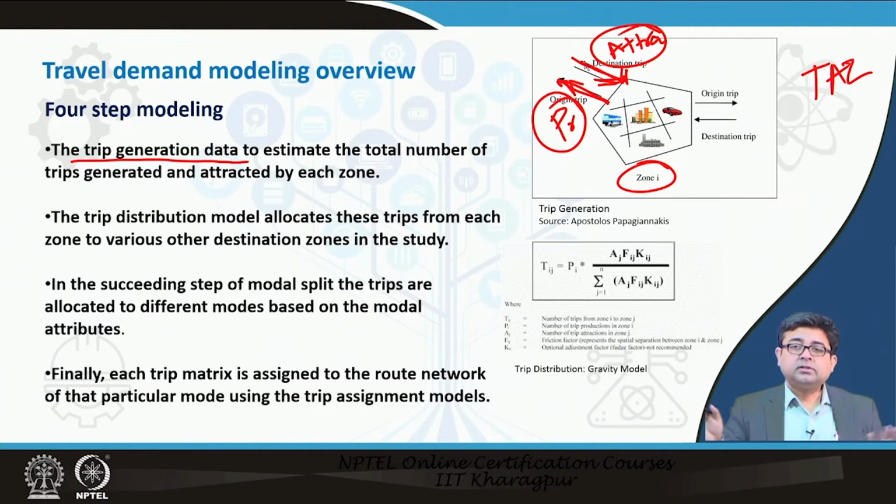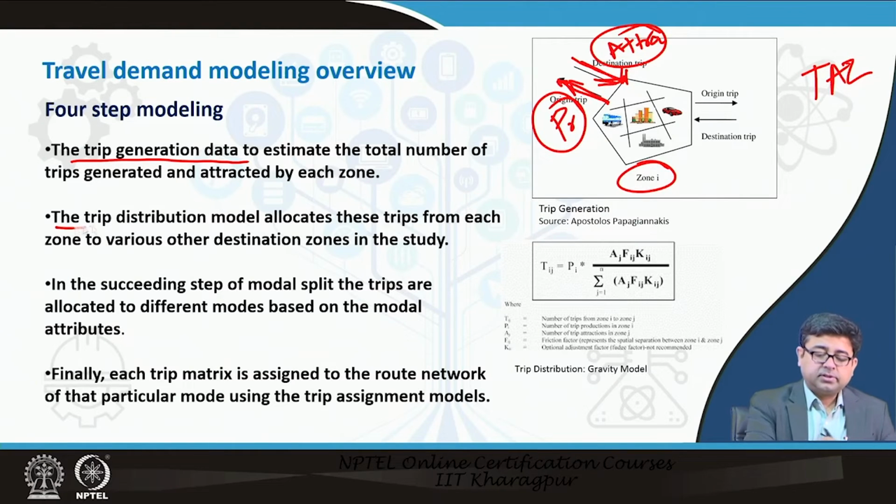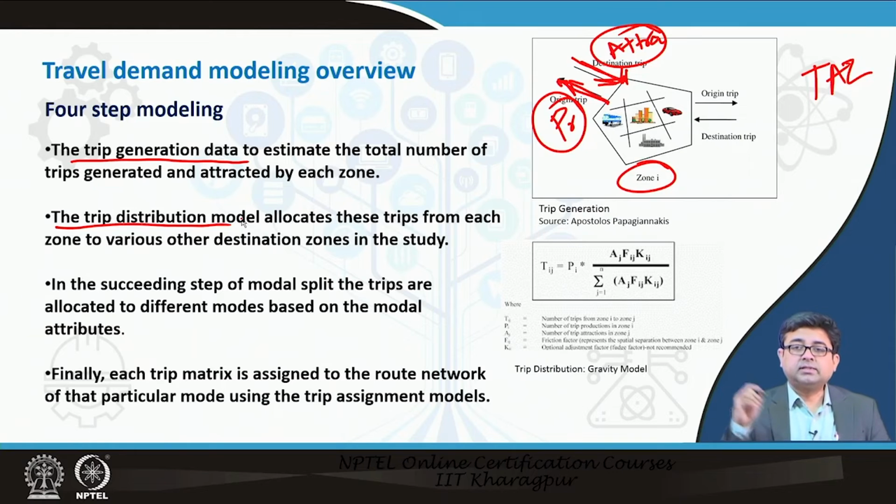So the first step in the 4-step model only does that. It develops an estimate for the number of trips that are generated, meaning produced and attracted by any particular zone.